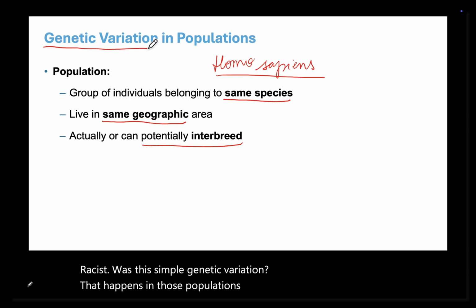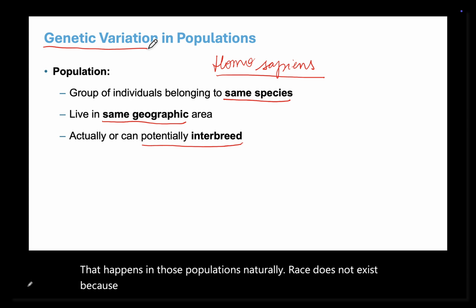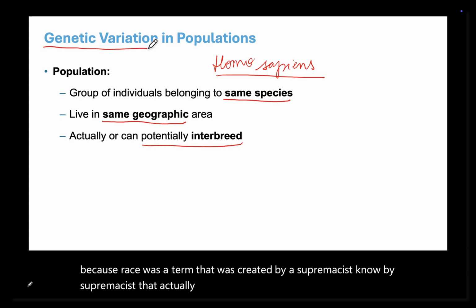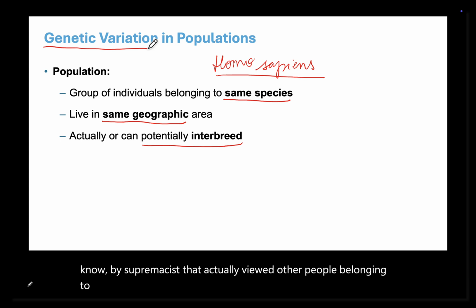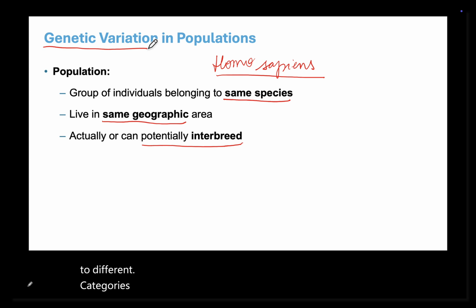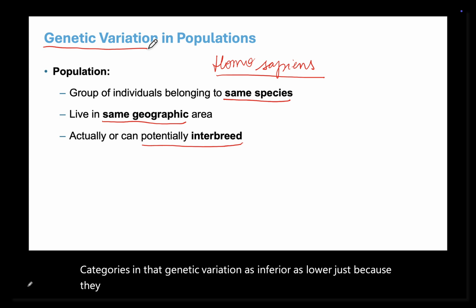Naturally, race does not exist, because race was a term created by supremacists that viewed other people belonging to different categories in that genetic variation as inferior, as lower, just because they were different.